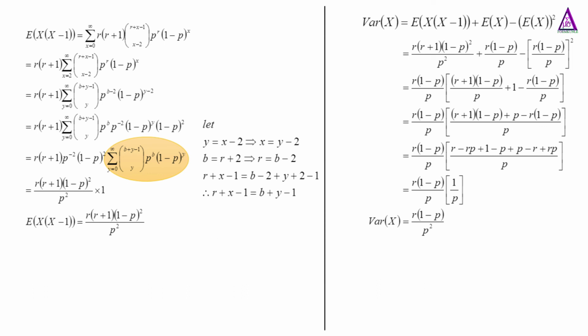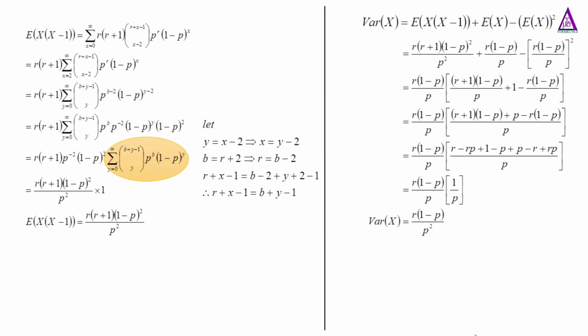So therefore our variance, by substituting for the expected value of x into bracket x minus 1 plus the expected value of x minus the expected value of x all squared, and by substituting, we then have this equation. Now factorize r into bracket 1 minus p divided by p out of the equation because it's common to all of the terms.